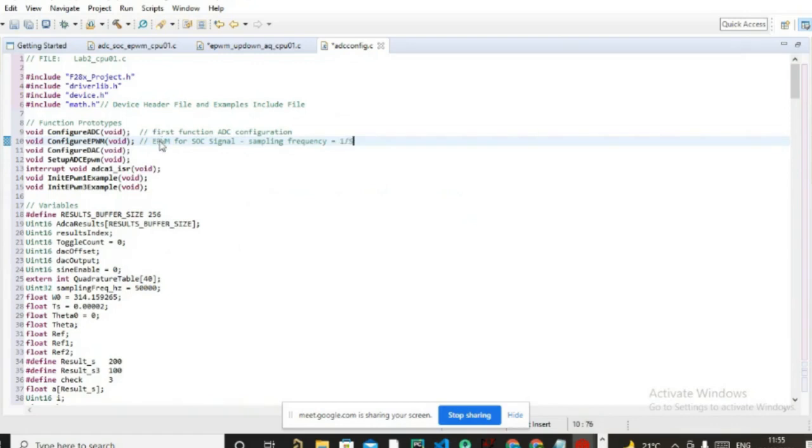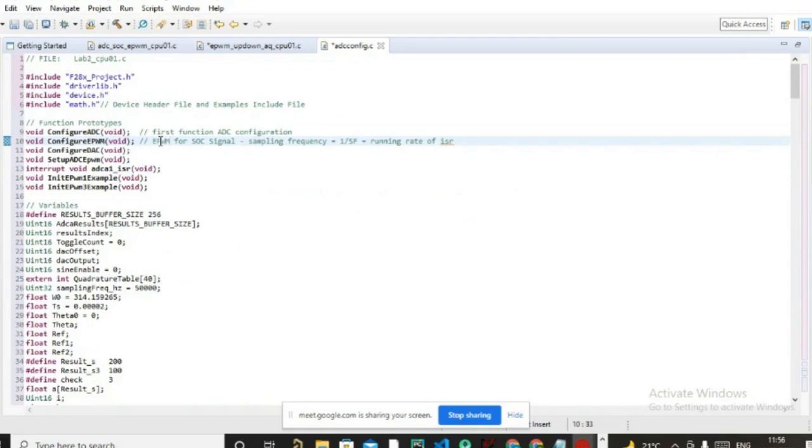So 1 divided by the sampling frequency will tell you the running rate of your ISR. If it is 10 megahertz, then 1 by 0.1 mega will be some nanoseconds, and after that many nanoseconds your ISR loop will run.